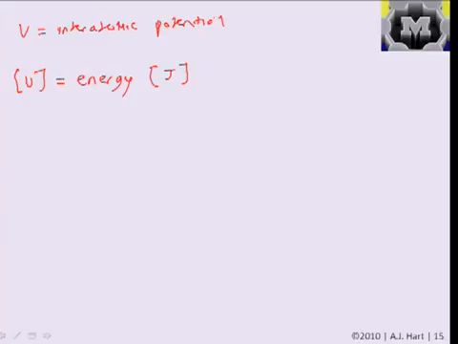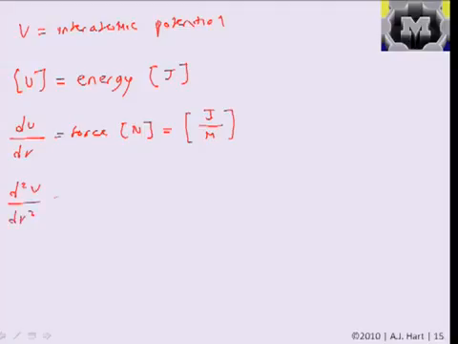Then if we take a first derivative of our function, say dU/dR, assuming we just have our one-dimensional system, we'll get a force, say in newtons, because a newton is just a joule per meter. And then if we take another derivative, we'll get a stiffness, say in newtons per meter.